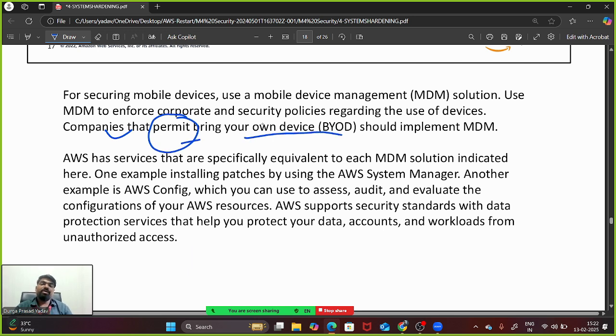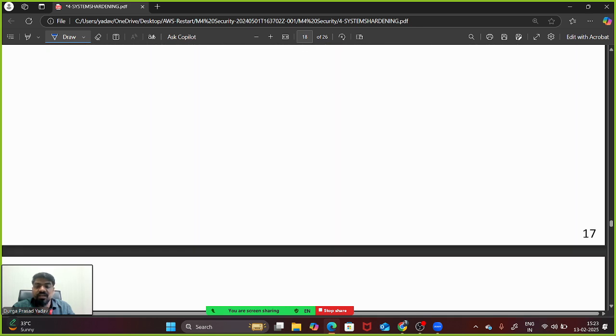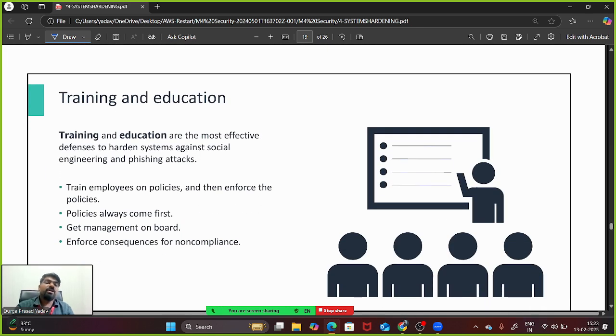Bring your own device means if you are using your own device in the company, there should be some AUP, some acceptable use policies that you have to follow. Along with that, in the company MDM is generally there so that you will be able to protect the systems as well as your mobile phones.